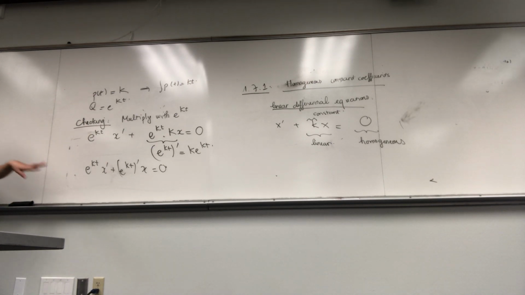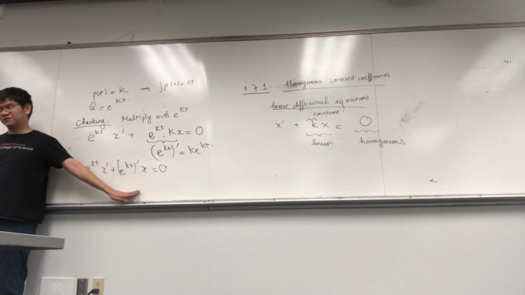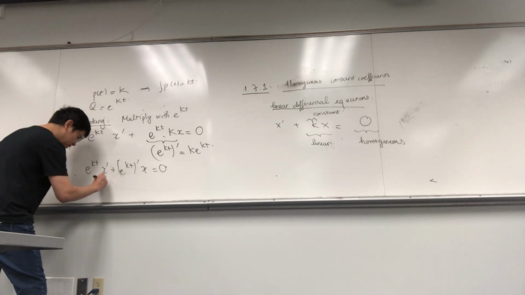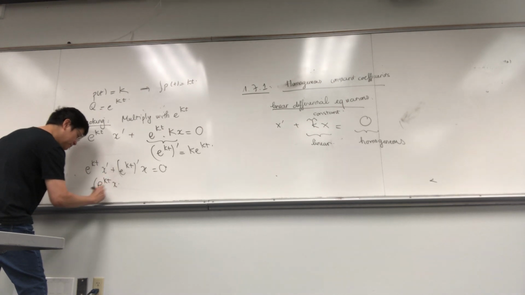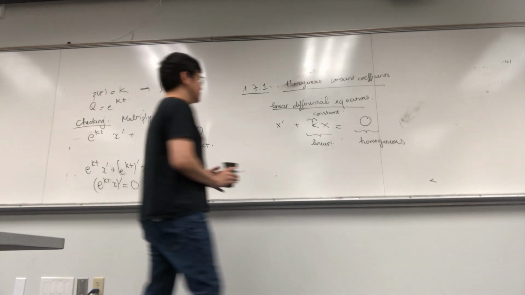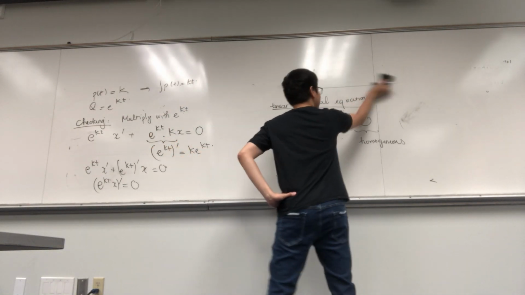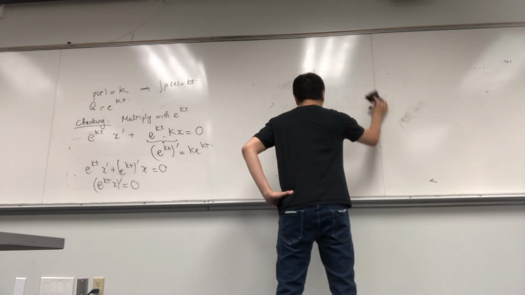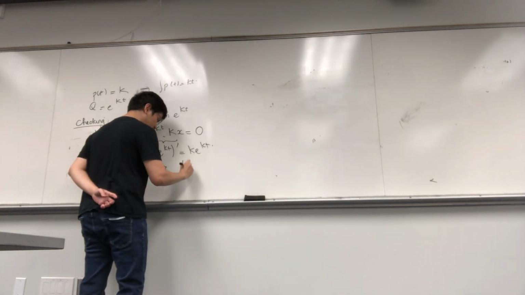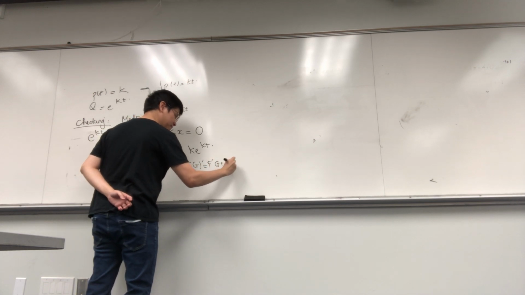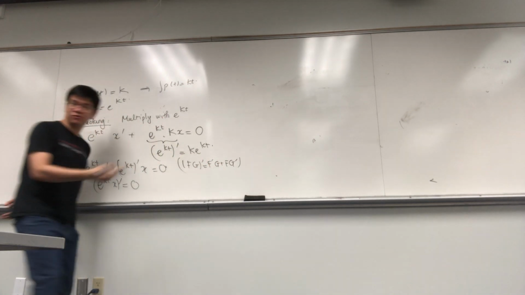So when you use the integrating factor, you're going to get this derivative for free, right? So here I use the product rule: (fg)' is f prime g plus f g prime.